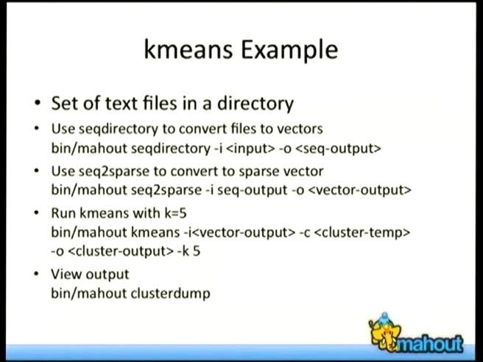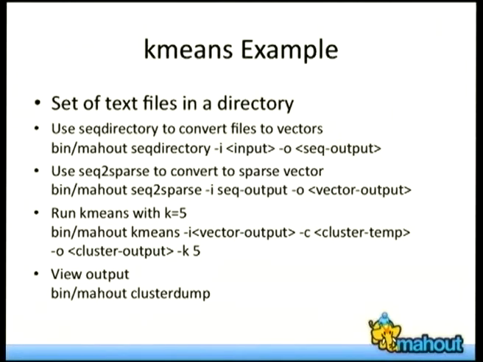This is just a little example of going from a directory of text files and applying a k-means algorithm to cluster it. There's a command line tool called seqdirectory, and you can give it a path to a folder that contains a whole lot of files.